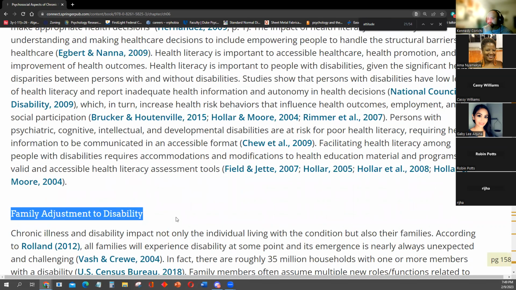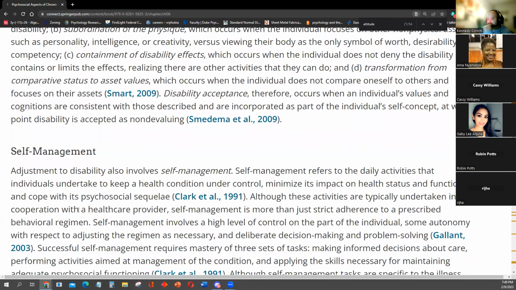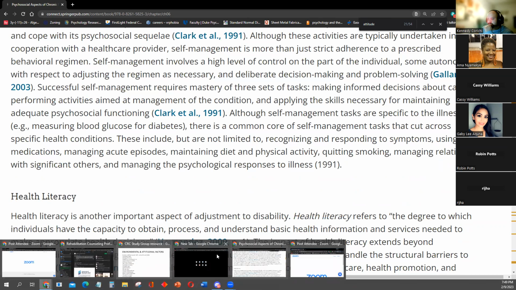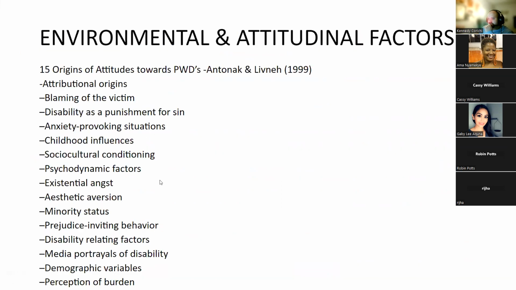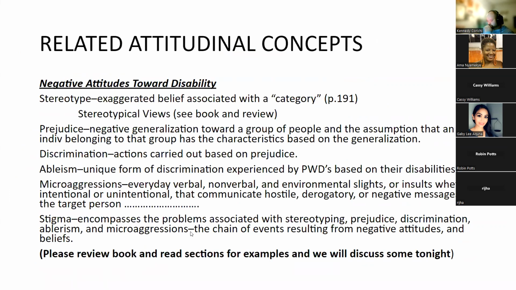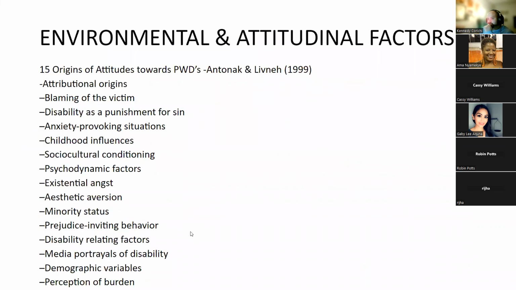Just go back and read each section. I don't know if we could go through, but I think it's back a little bit more. This is at the bottom. Yeah, the origins of attitudes. Yeah, that's pretty much it.